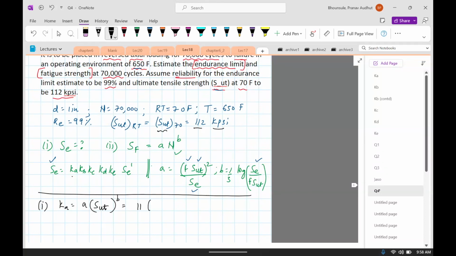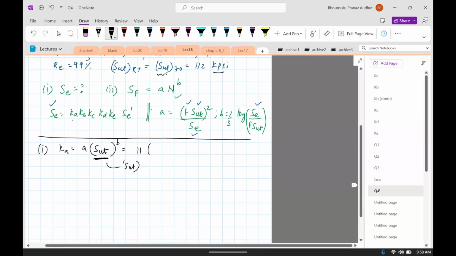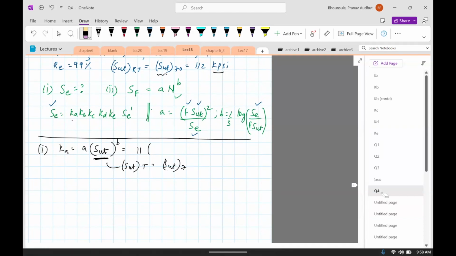But what we really need is, since this part is operated at a different temperature, elevated temperature, 650, your ultimate strength is not going to be 112 kPsi. It'll actually decrease. So if you put 112, that's not the right way. So clearly, we need to first figure out SUT at the operating temperature. This is not known, 650. So we cannot proceed with Ka because we do not know what this is.